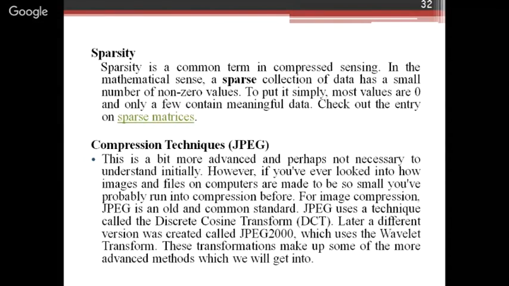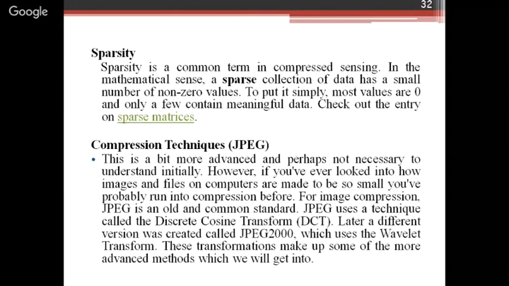Okay, compression technique. This is one example of a compression technique. I think you already heard of it, JPEG. This is basically the compression which I'm going to discuss with you. It's a bit different from it, but this is one example where you compress your images or files in your computer. Okay, so you have probably run into compression before. You compress your audio files, video files.